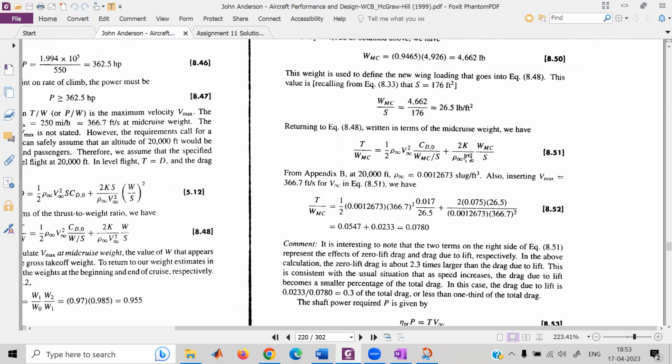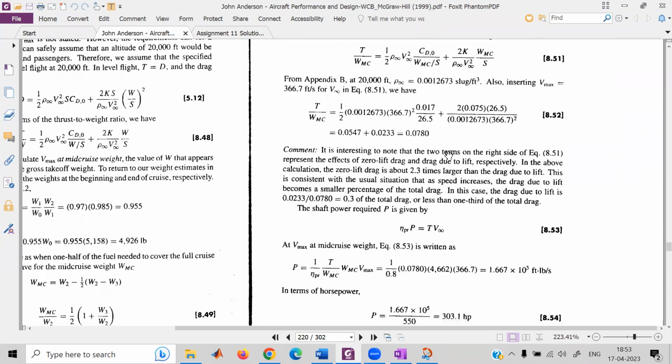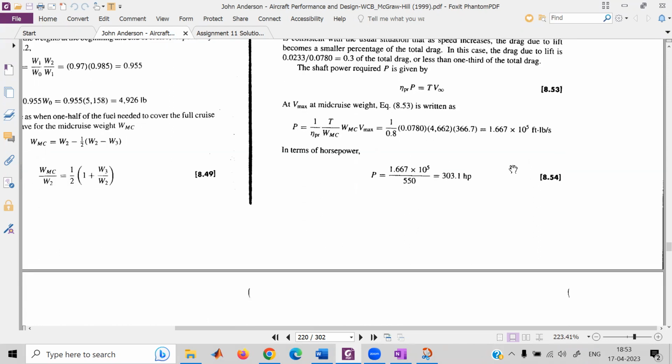Other things are known to us, such as CD naught. The density is also known because altitude is known. Based on thrust, we compute the required power, TV naught. And from here, we compute the brake power using efficiency. It turns out to be 303 HP.